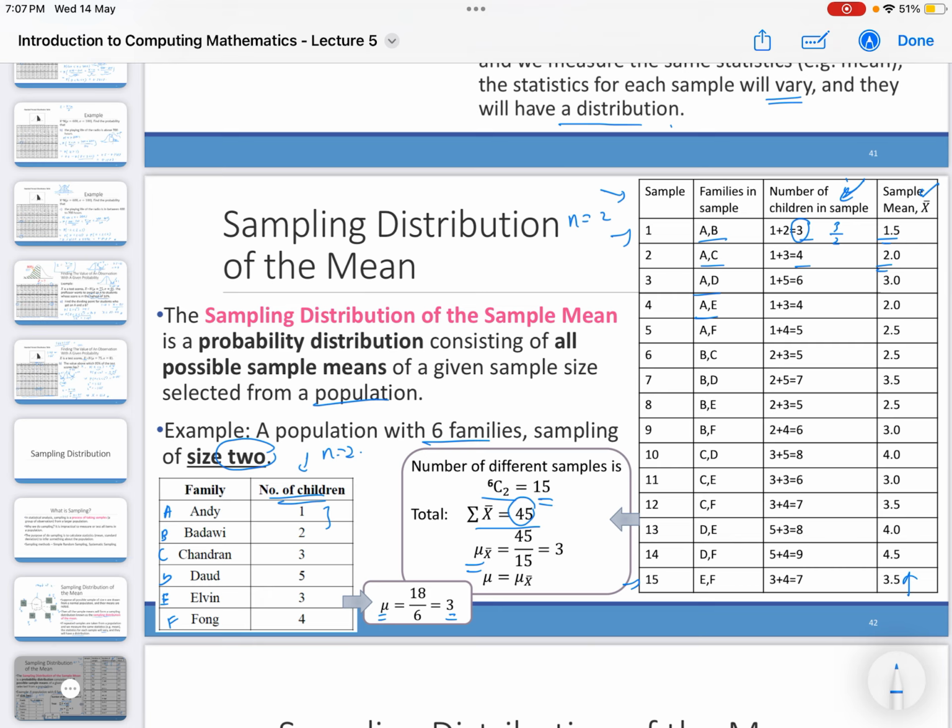The mean equals the total divided by the number of samples, so 45 divided by 15. We get the mean equal to 3. So from this example, we show that the population mean is equal to the mean of the sample means. So mu sub x bar is equal to the population mean.